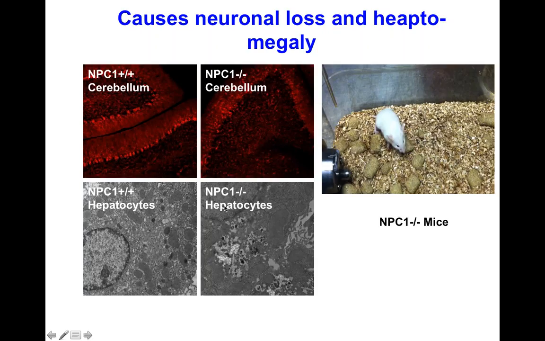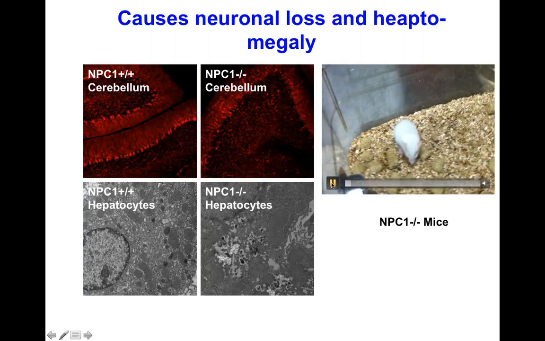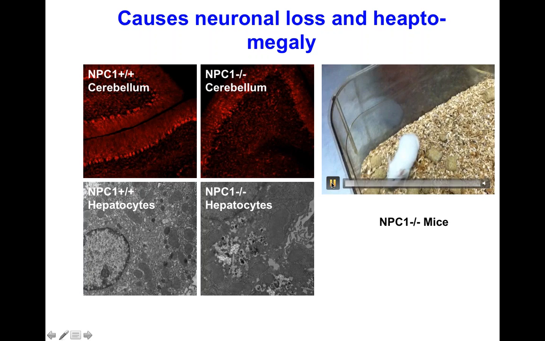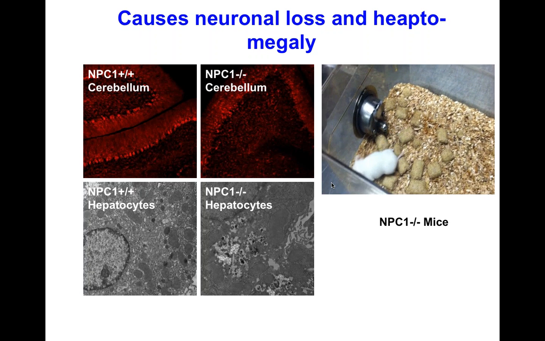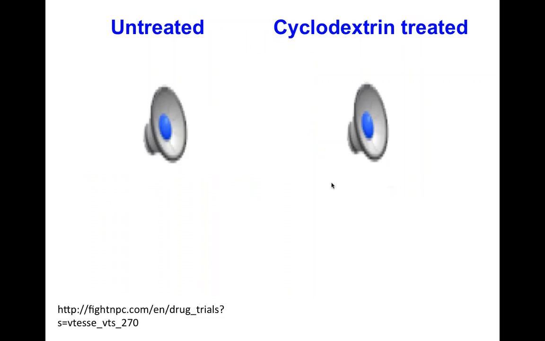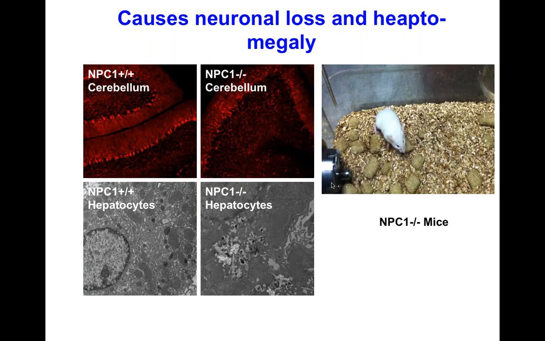The same happens with hepatocytes, and you see a traffic jam sort of situation because of absence of this late endosomal protein, and a high amount of cholesterol causes this degeneration. If you look at the mice, they have ataxia and they die within 2 or 3 months. The issue with this disorder also is that it affects children.